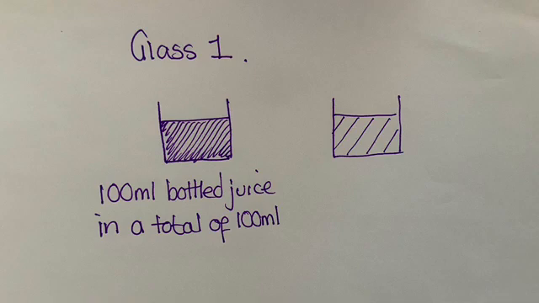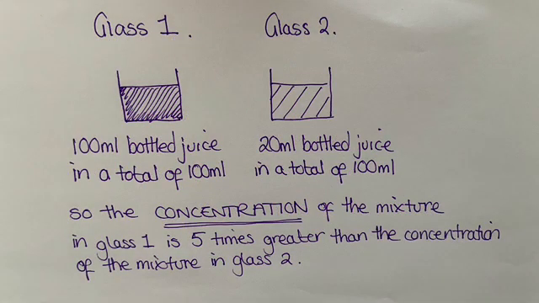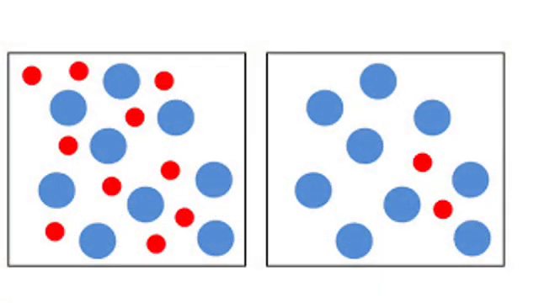So glass 1 has 100 mils of bottled juice in a total volume of 100 mils, whereas glass 2 has just 20 mils of bottled juice in the total volume of 100 mils. So the concentration of the mixture in glass 1 is 5 times greater than the concentration of the mixture in glass 2, which means that in glass 1 we have 5 times as many pigment particles spread through the water molecules than we have in glass 2.